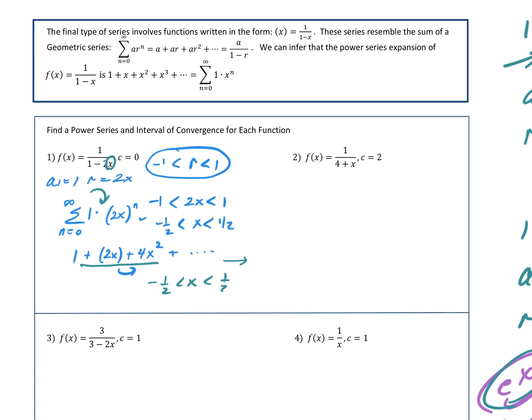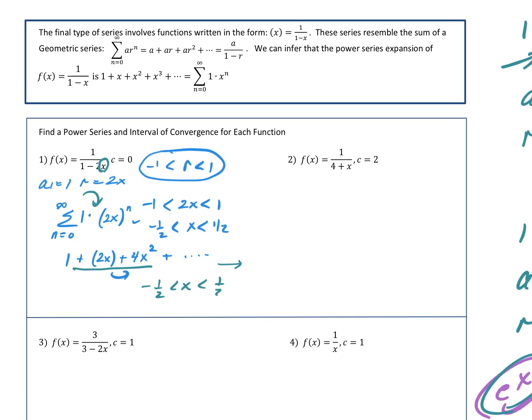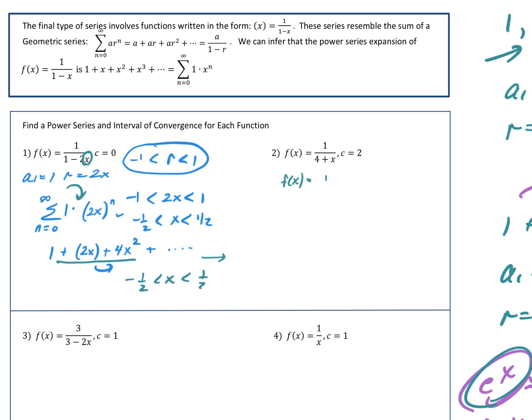All right, for this one, we're centered at 2, so I'm going to start with 1 over. Because we have to get it to look like a sub 1 over 1 minus r, that's what I need to get this to look like. So we're going to start with 1 over.